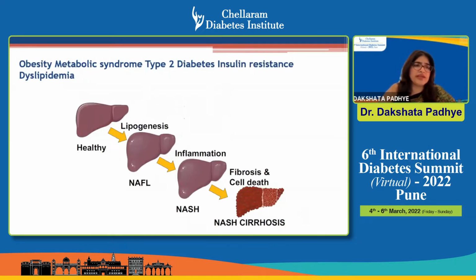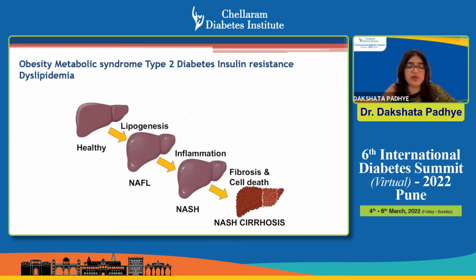Talking about the interplay of obesity, metabolic syndrome, insulin resistance, type 2 diabetes, and dyslipidemia with respect to NASH, when patients come to us for the first visit, the patient is already in that state. I don't think we get any patient who has a healthy liver at the outset when diagnosed. It is always in the inflammatory stage, NASH or maybe NAFL.